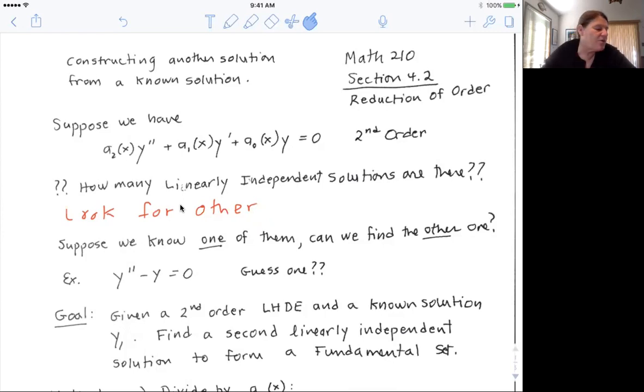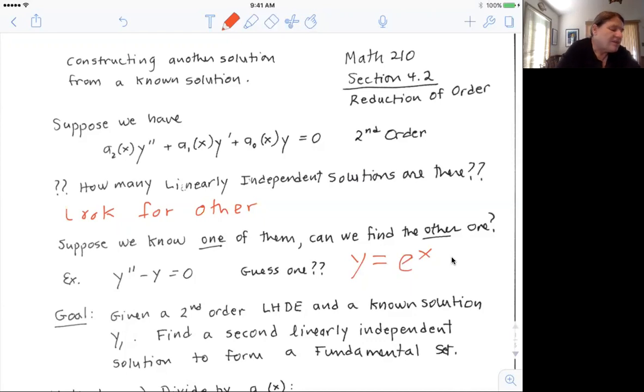My guess here isn't such a big guess, and it's right, because if you differentiate that twice, you'll get e to the x, and when you take away the original e to the x, you'll get 0. So we know one of the fundamental set, and we want to find the other one.